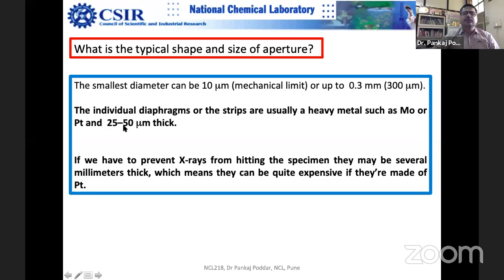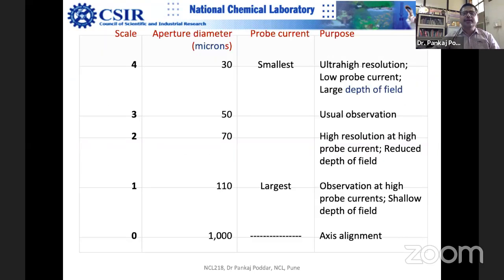Thicker is better, but again the price goes up, and you have to replace it because it gets permanently damaged. A thicker aperture can prevent X-rays, because X-rays are also formed, so that can block the X-rays. Okay, thicker ones.